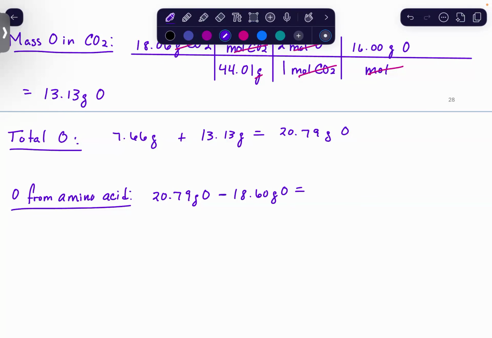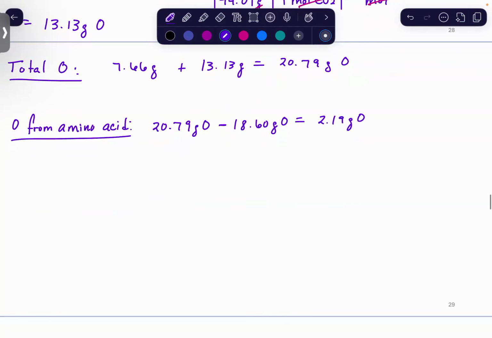That means that 2.19 grams of oxygen comes from the amino acid. So now that I know the mass of oxygen in the amino acid, I can do my percentage.